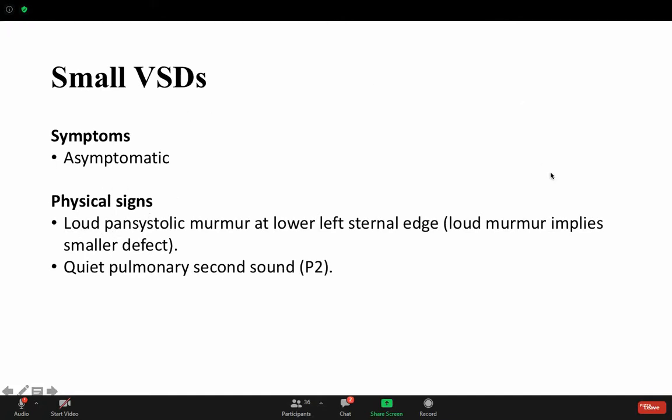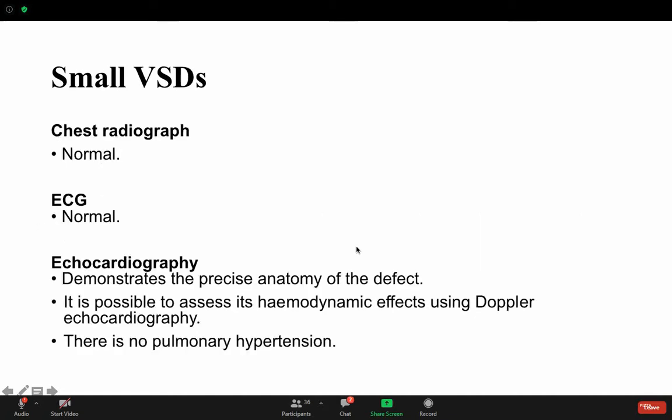شيء من النقاط المهمة، loudness of the murmur، كل ما كبر الديفكت كل ما صار الساوند تتوقعون يصير.